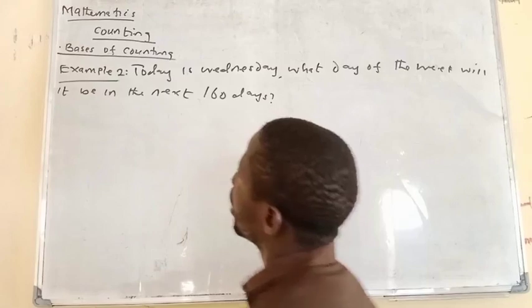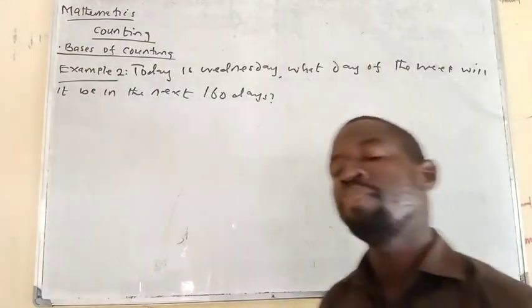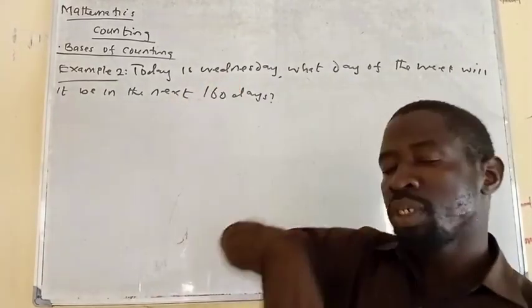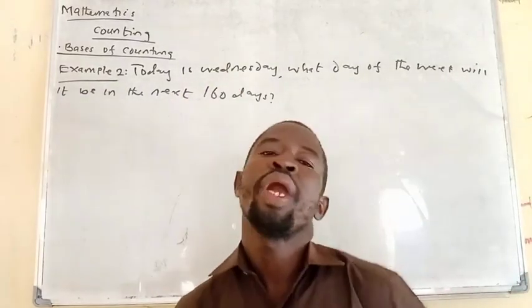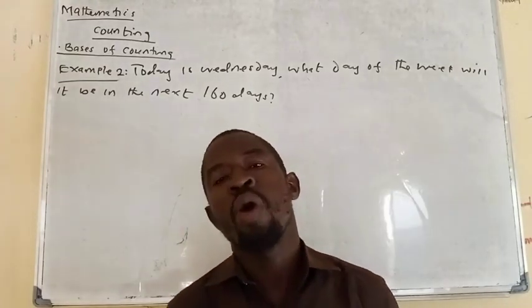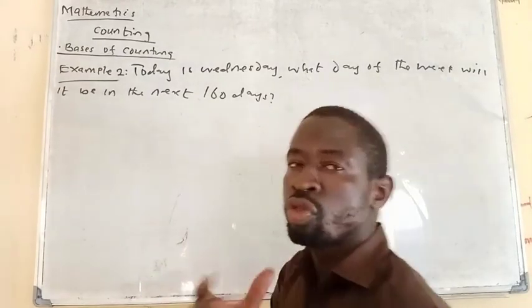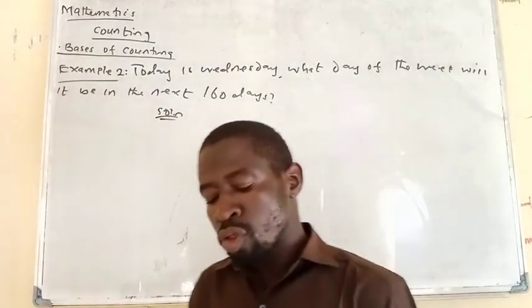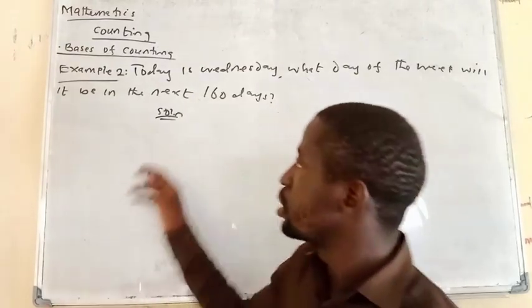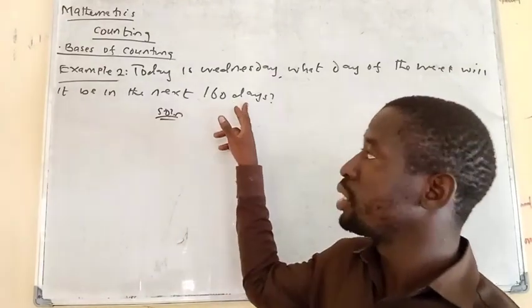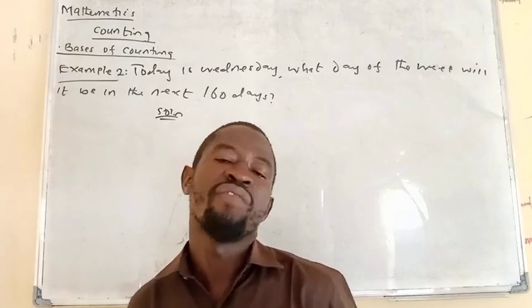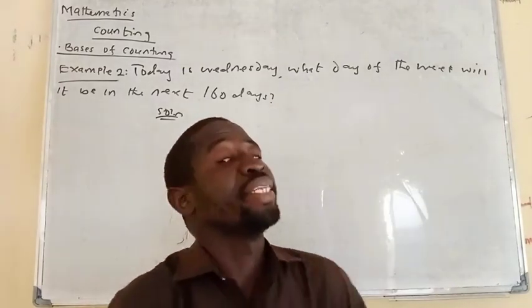Now let us start the solution of this simple question. Assuming today is Wednesday, what day of the week will it be in the next 160 days? The easiest way to solve this is, since the number is given in days, let us convert it into weeks and days.